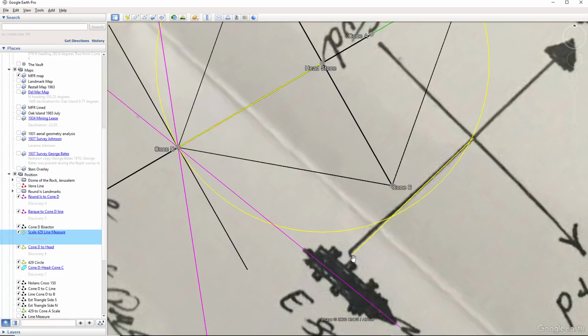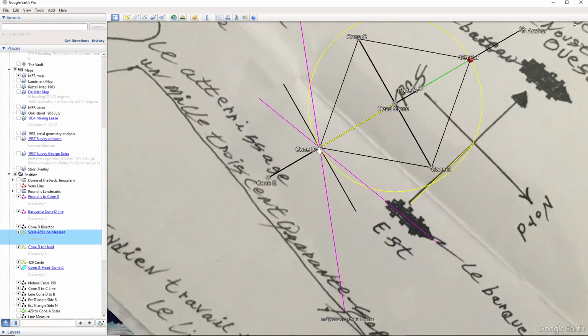This is the measurement you take from the quadrant to the center of the quadrant here. This distance is the same as the distance from cone D to the headstone. And it is perpendicular to the line that bisects these angles.